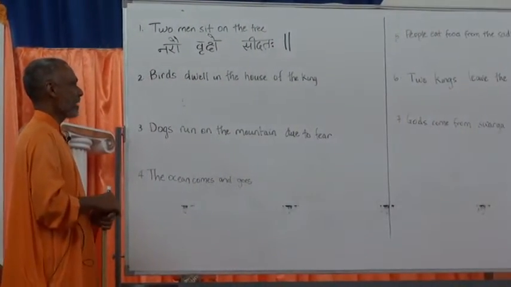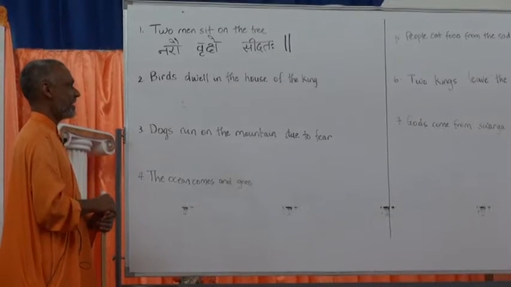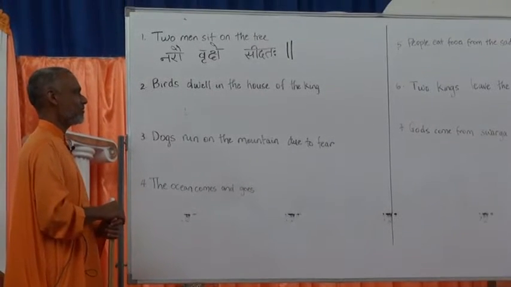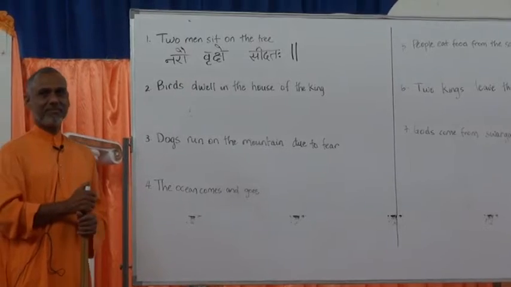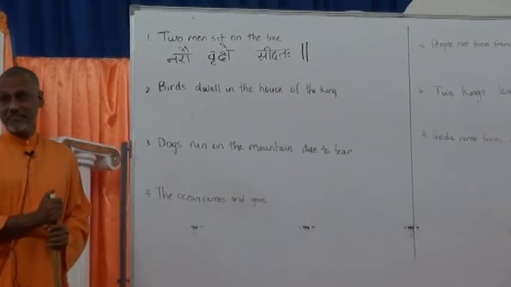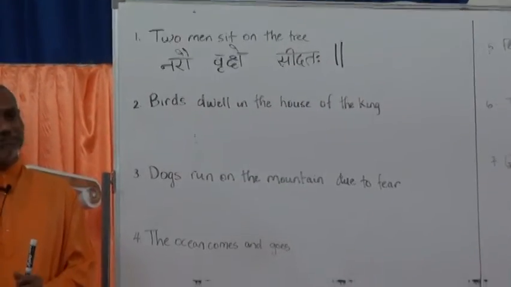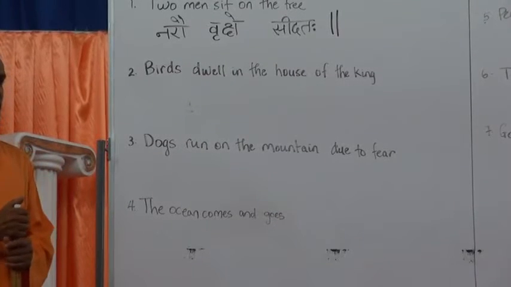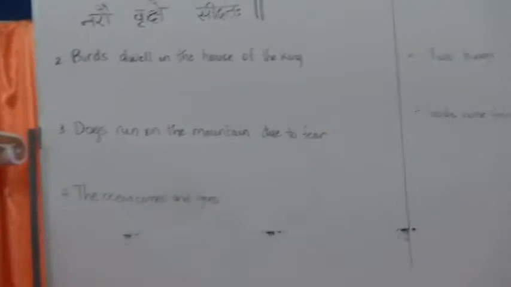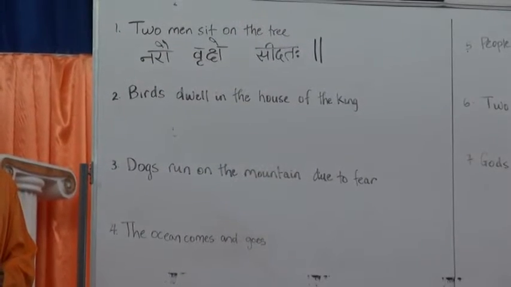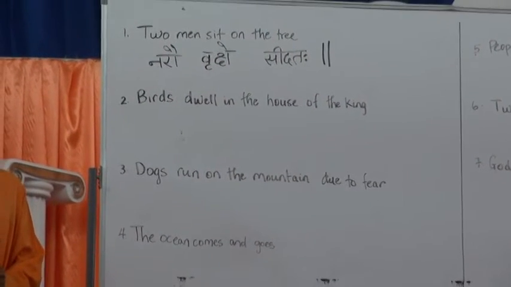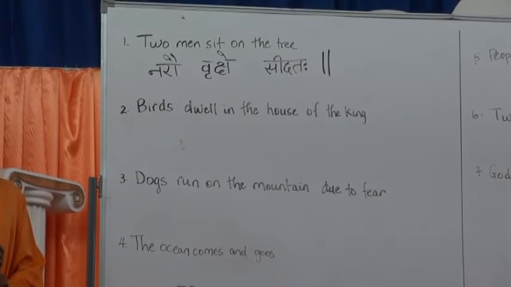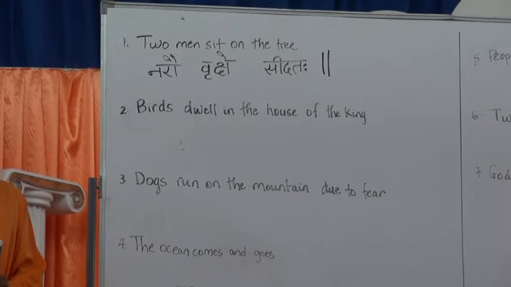All right. Birds dwell in the house of the king. What is the subject? And what is the Sanskrit word for bird? Khaga. And what case and what number do you want for birds here?